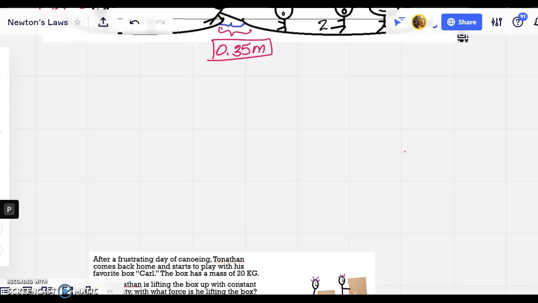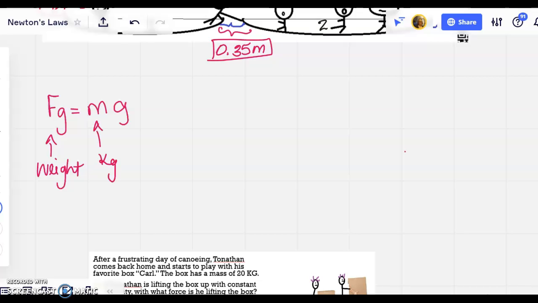On your note card, you'll want to write that Fg is equal to m times g, where Fg is the force of gravity or the weight, m is the mass and it has to be in kilograms, and g is, you can either use 9.8 or 10. I'm going to use 10 just because it makes things so much easier when you're doing your calculations. So it's super easy to calculate.